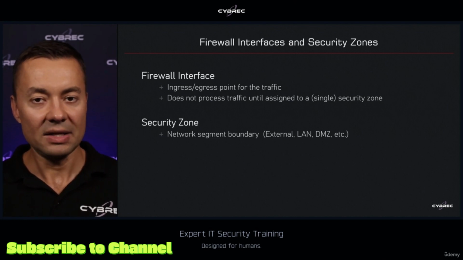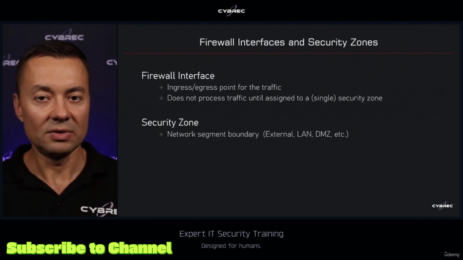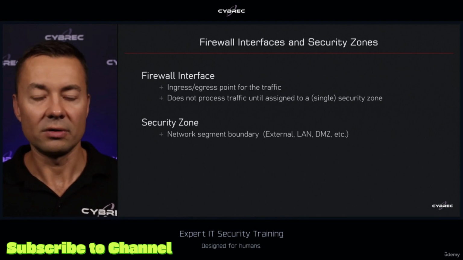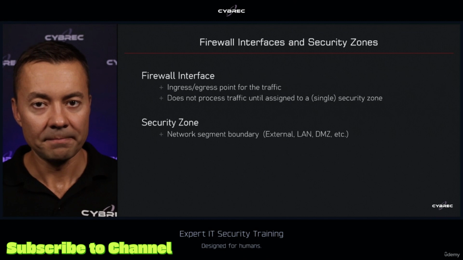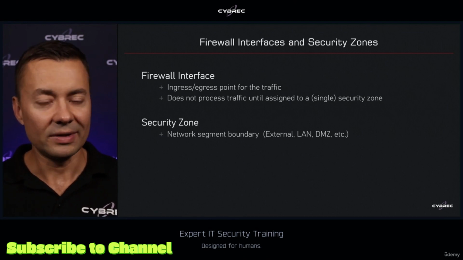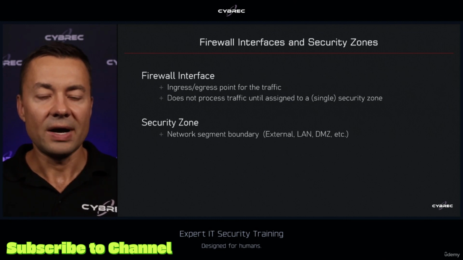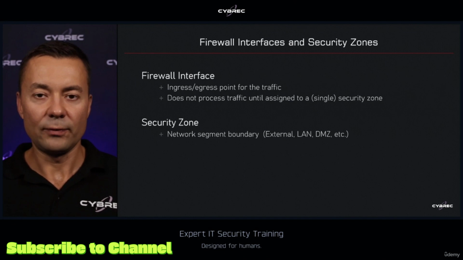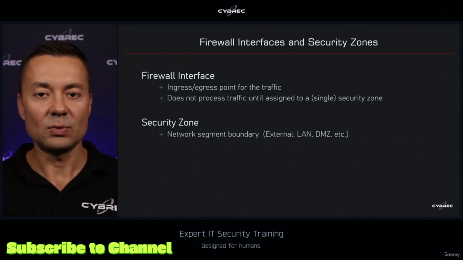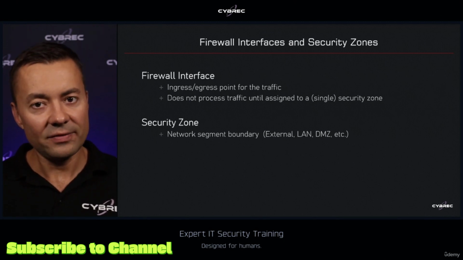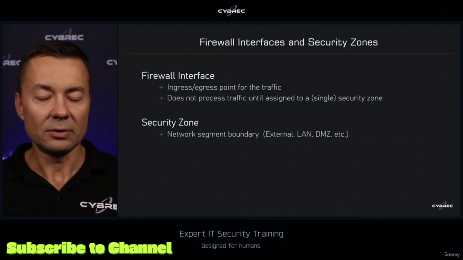Now the idea behind security zones is that we will use them to segment our network into more trusted or less trusted portions, and the traffic is only going to be allowed between these different zones, assuming that the firewall's policy allows for that. So for instance, we can create a security zone called inside, which is meant to be connected to trusted devices like our internal users.